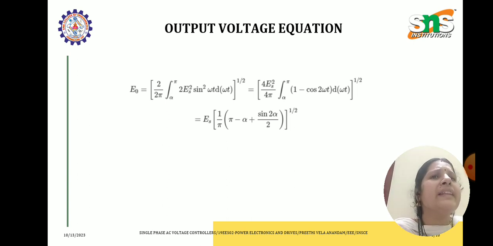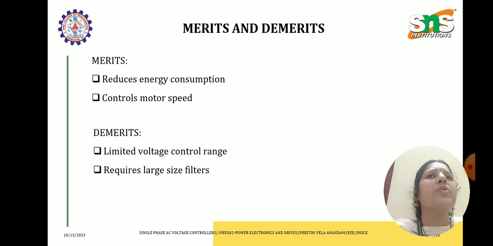The thyristor based AC voltage controllers have high efficiency, flexibility in control and require less maintenance. The disadvantage is the interaction of harmonics in the supply current and load voltage waveforms, particularly at low output voltage levels.